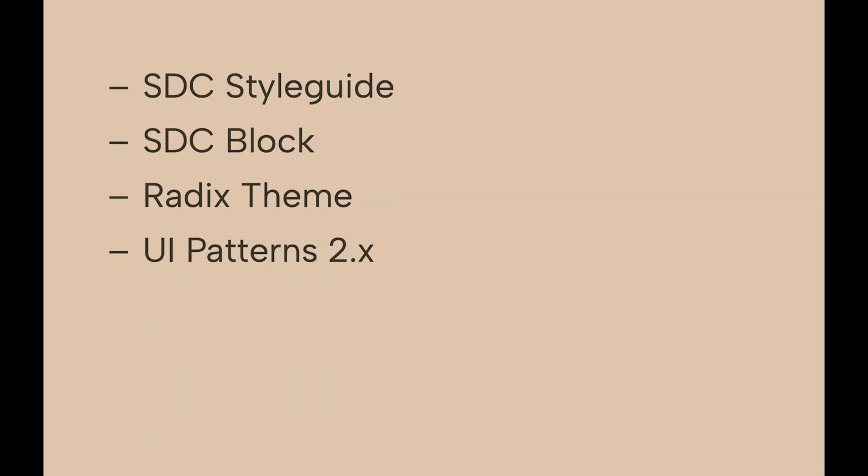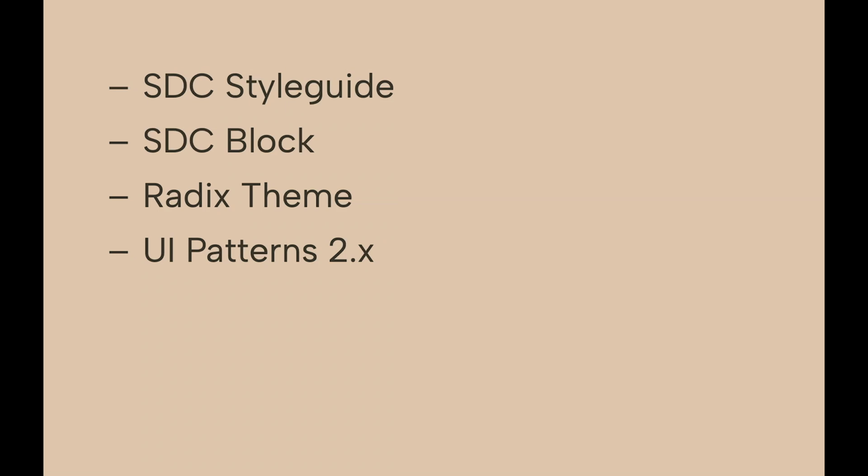Then there's a theme and also a project that, if you're looking for example implementations of single directory components, are a great place to look. There's the Radix theme, which has a full implementation of a bunch of core components that are all SDCs.